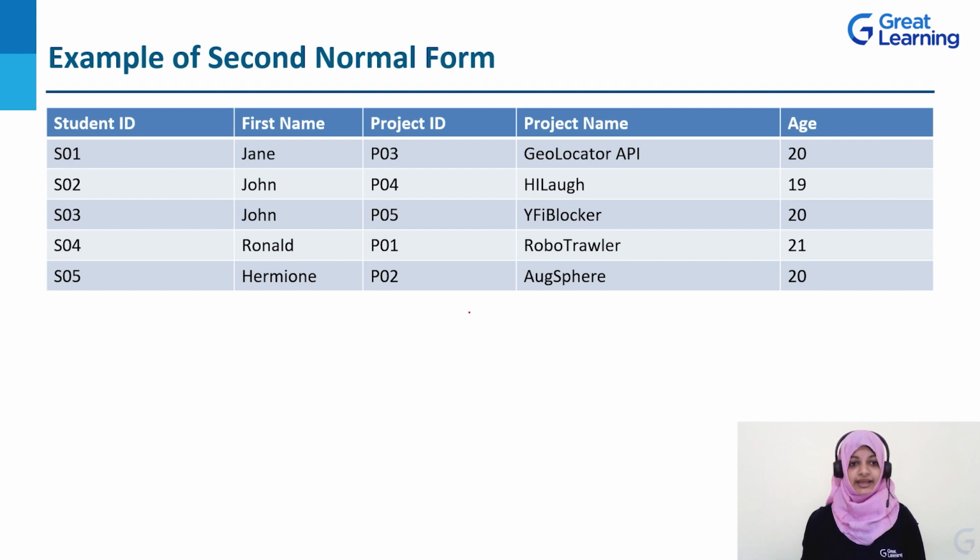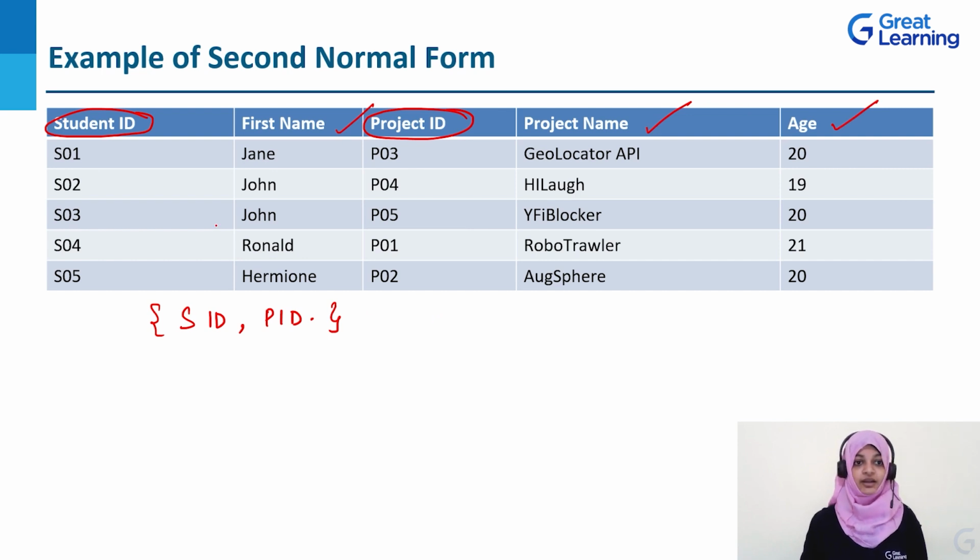Here, in this particular example, we can see that we've got the student ID and the project ID keys. So we can say that each and every tuple can be uniquely identified by the student ID and the project ID key. However, we can also see that the non-key attributes are such that they might be uniquely identified by either student ID or project ID. Let us see how. Consider first name.